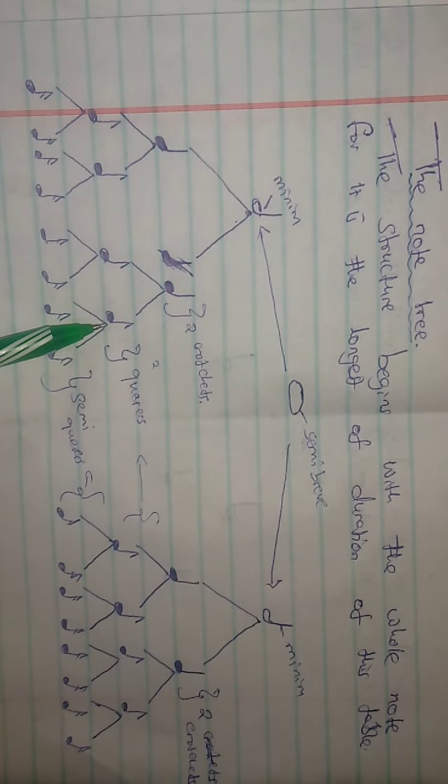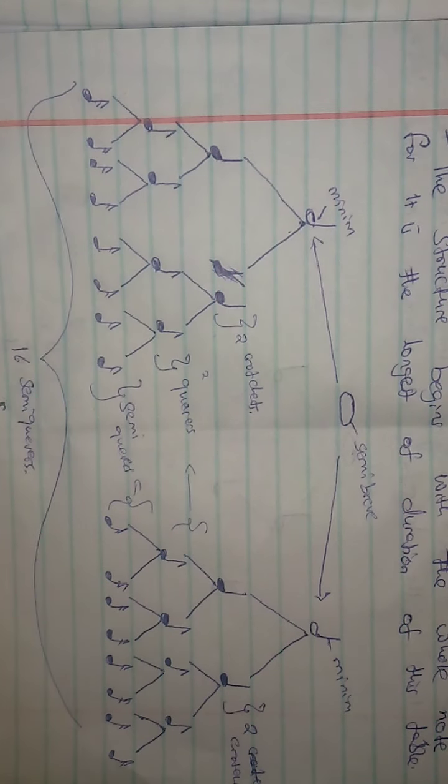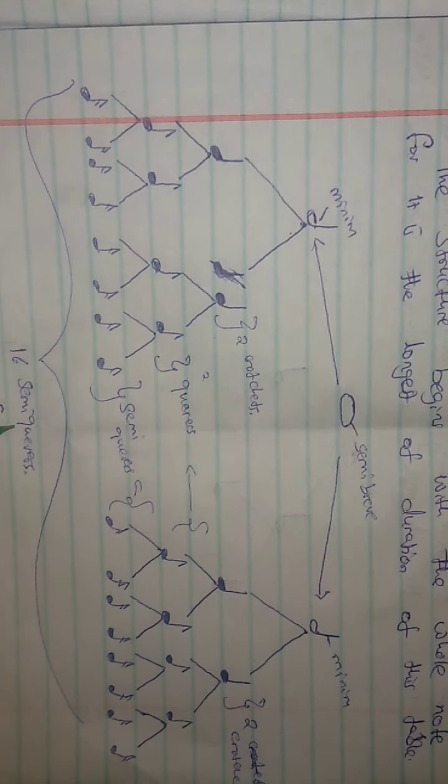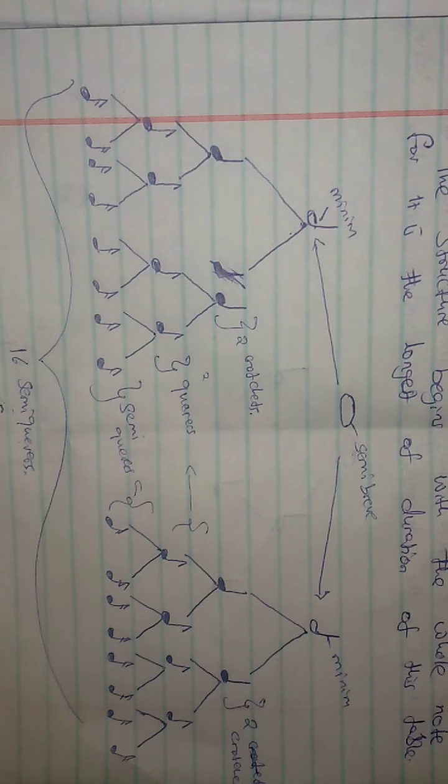We can also see that 4 quavers make a minim, and 8 semiquavers make a minim. We can also see that 16 semiquavers make a whole note, which is a semibreve.